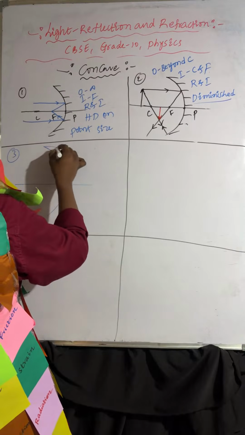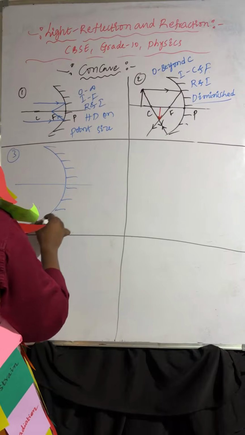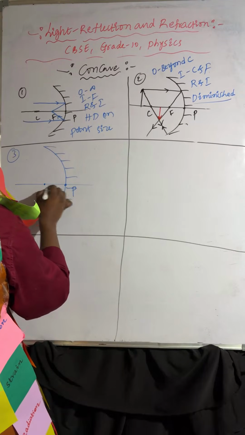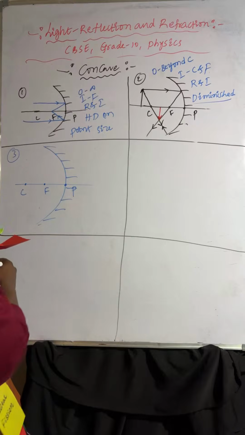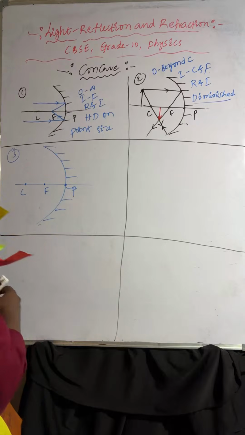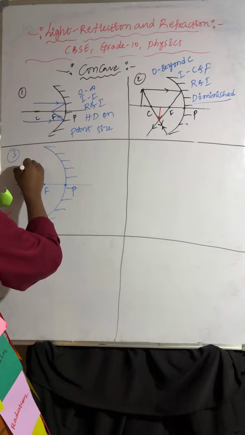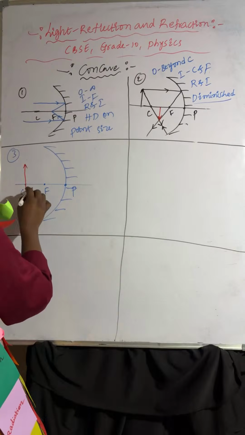Coming to the third one, here you can observe: pole, focus, and center of curvature. Object is placed at C, so image also will form at C itself.